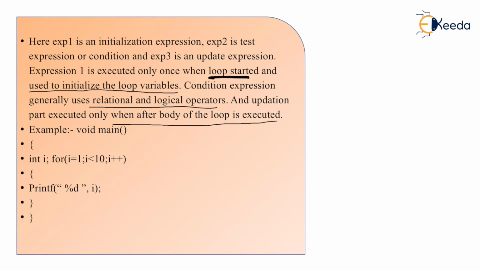The initialization part says i should start with 1 and the condition says it should be till 10, right? So the output will be the numbers 1 to 9: 1, 2, 3, 4, 5, 6, 7, 8 and 9. 10 will not get printed because the equal to sign is not there in the condition.